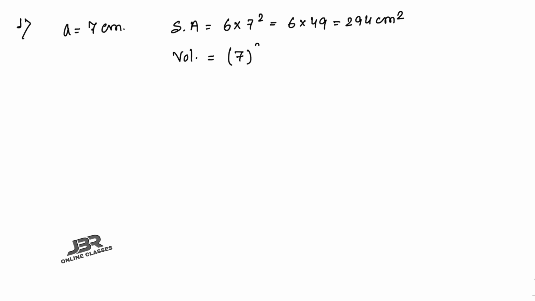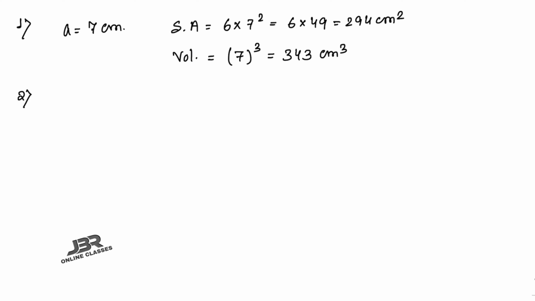Surface area, you know the formula, it's 6a square, that means 6 into 7 square, so 6 into 49, which is 294 centimeter square. Next, volume. The formula is a cube, that means 7 cube. So 49 into 7, 343 centimeter cube is your answer.